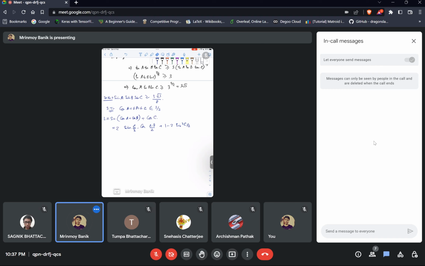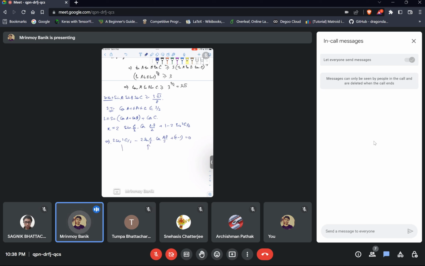Okay, let's assume this is equal to x. Then we have, if we bring everything to the left hand side, 2 sine squared C by 2 minus 2 sine C by 2 cos A minus B by 2 plus x minus 1 equals to 0.